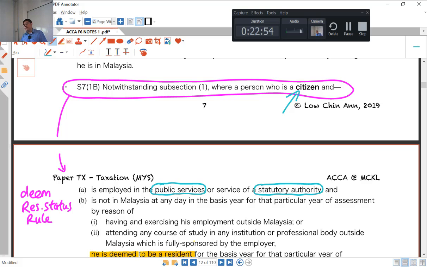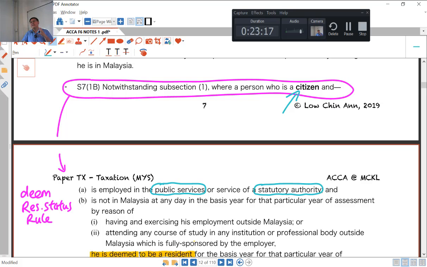In short, we normally say you work for the government. But you must understand that the phrase working for the government is not very clear, because at the end of the day, the structure is very complex. That's why we have the public sector and we even have statutory bodies.